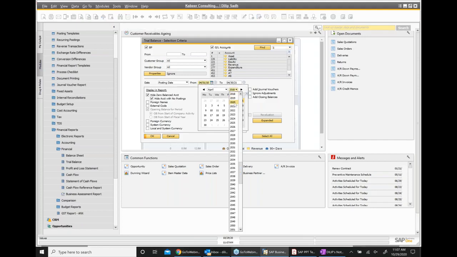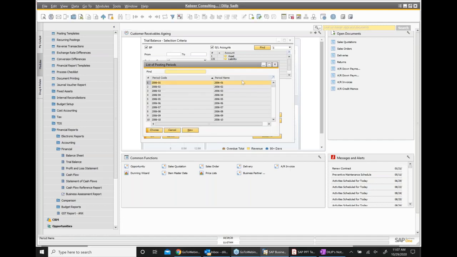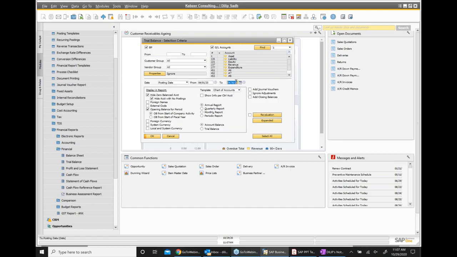Let's say I want April 1st, 2020 till April 30th, 2021. I can choose the date from here. I can put it, let us say, March 31st.